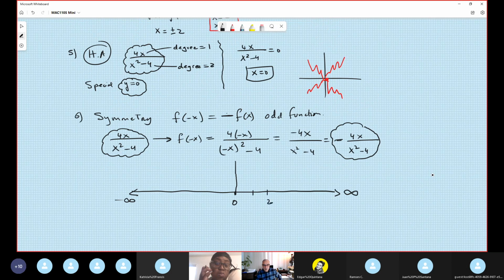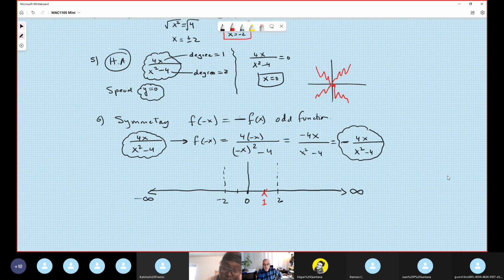So to evaluate, remember, you can take several points. But a smart point, super smart, is 1. So you pick 1 and plug it in the original equation. I pick this because it's in between 0 and 2. I can pick negative 1, yeah, we can, but positive 1, in my opinion, is better. So you evaluate in this.